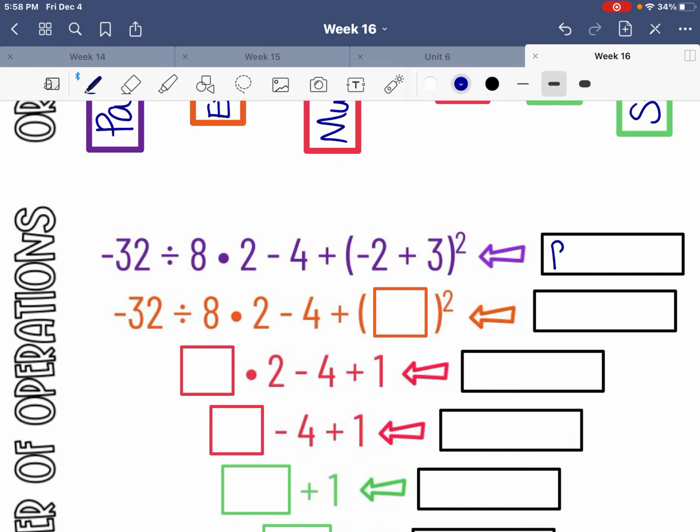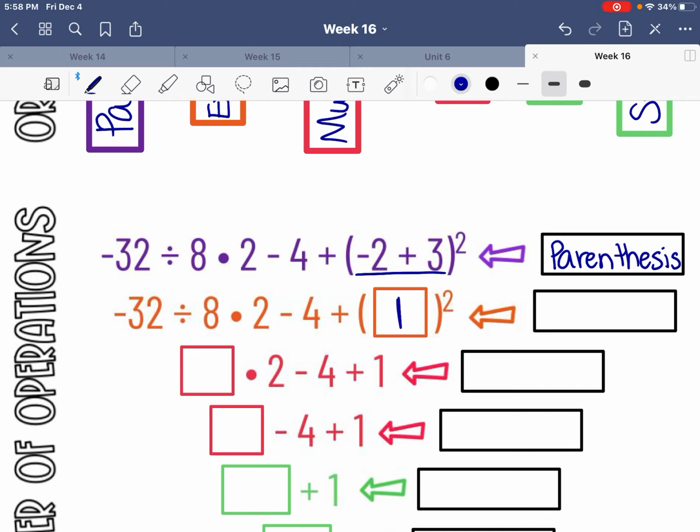Okay, so we write parentheses right here. And the problem that's inside the parentheses is negative 2 plus 3. Negative 2 plus 3 equals 1. So there's our first step.